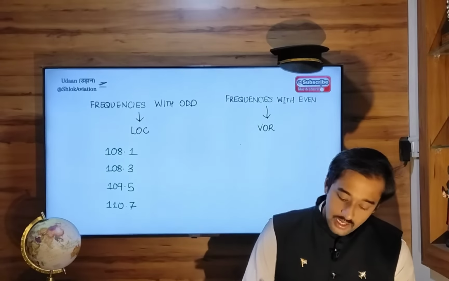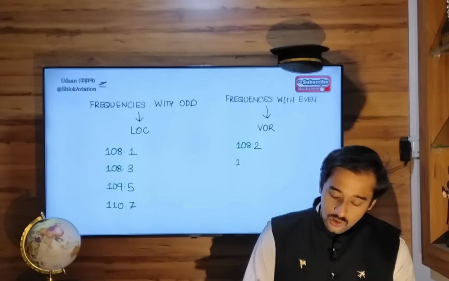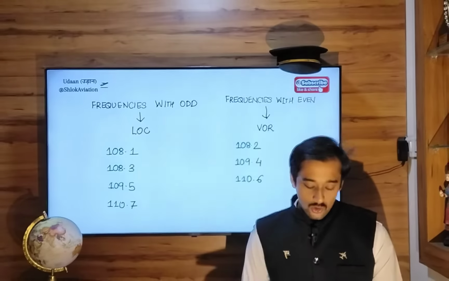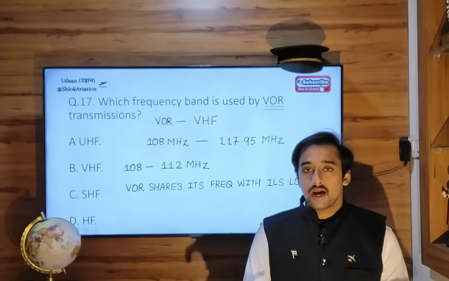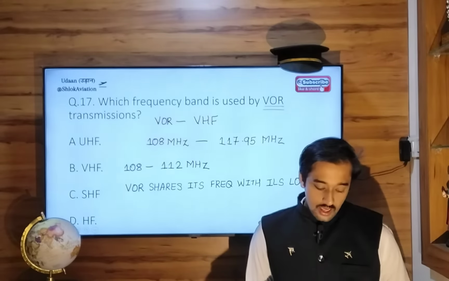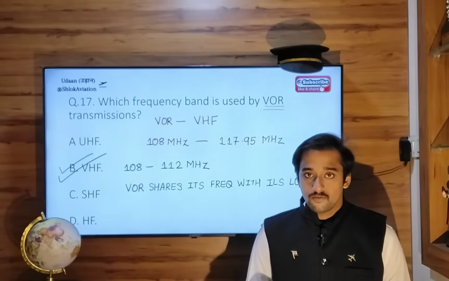For VOR, even decimal. So 108 decimal 2, 109 decimal 4, 110 decimal 6, and so on up to 112 megahertz approximately. The accurate value you must check in the Oxford book. So the frequency band is VHF, option Bravo.